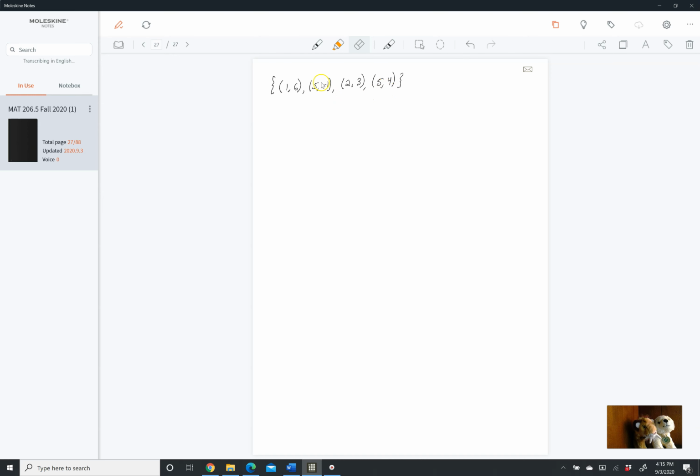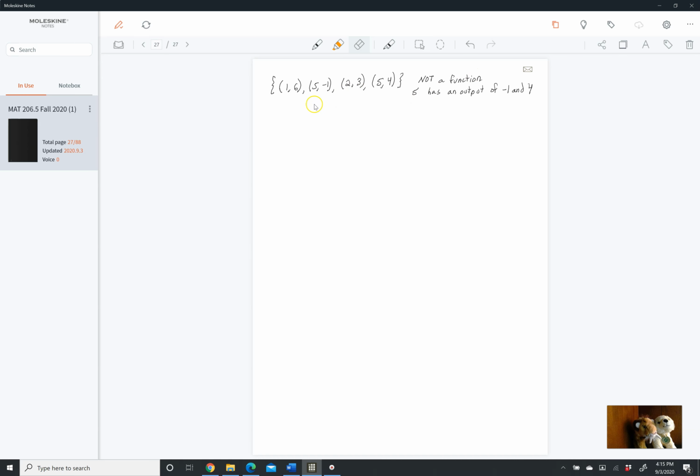So if we look at these coordinates, we have one input of 5 and 2 different outputs of -1 and 4, which means this is not a function. So 5 has an output of -1 and 4.